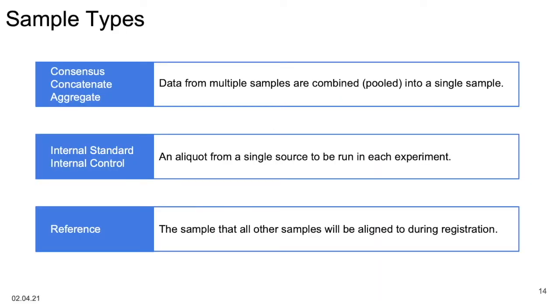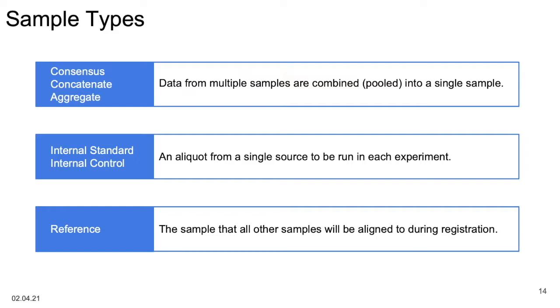For our purposes, as we get into later videos on the registration process, swiftReg requires a little bit of terminology. When we refer to grouping multiple samples into a single source, we'll call that an aggregate or a consensus or a concatenate. This is essentially just subsampling from multiple samples and aggregating them.